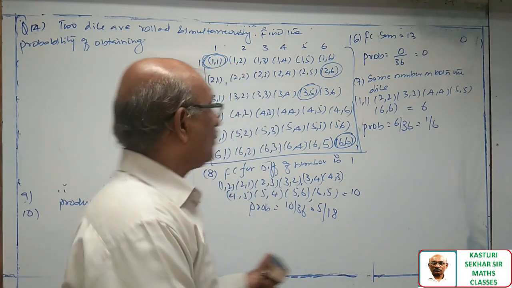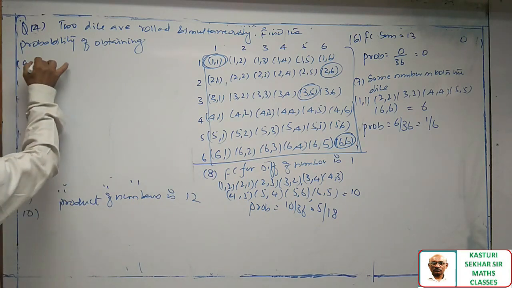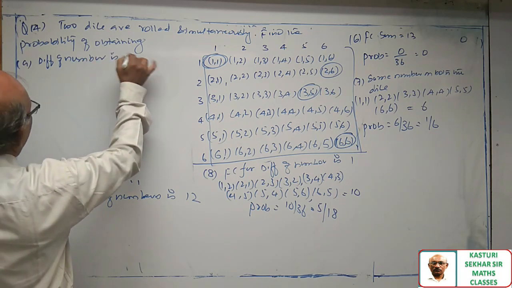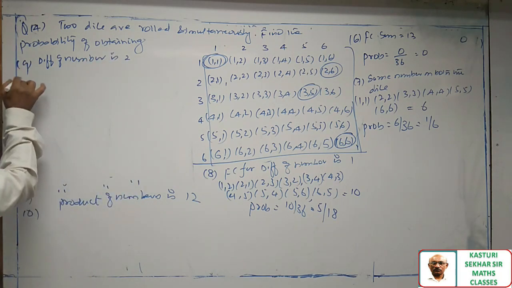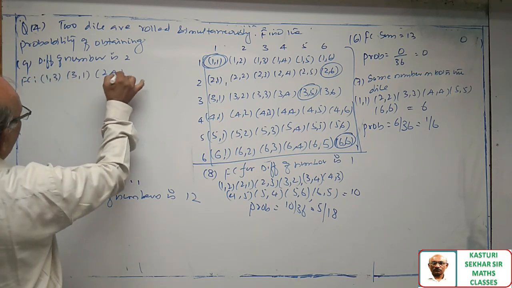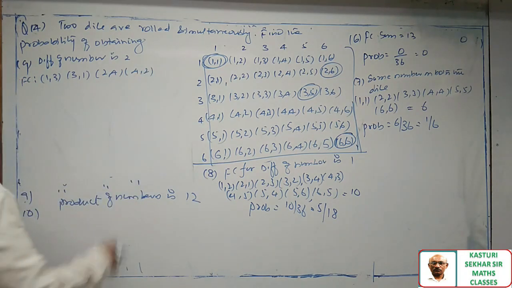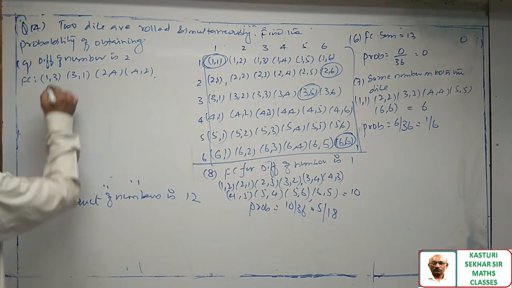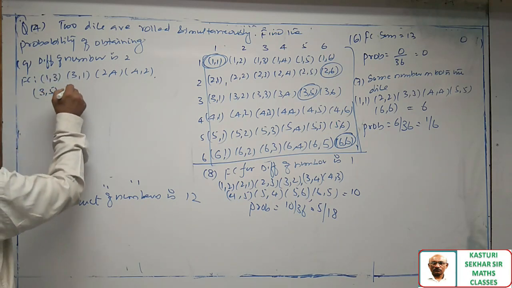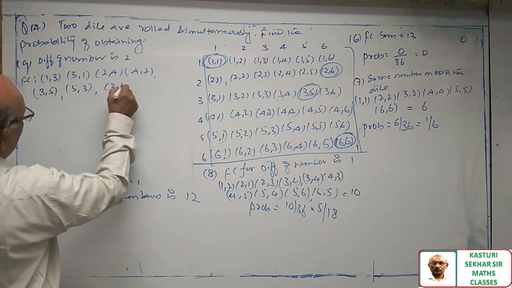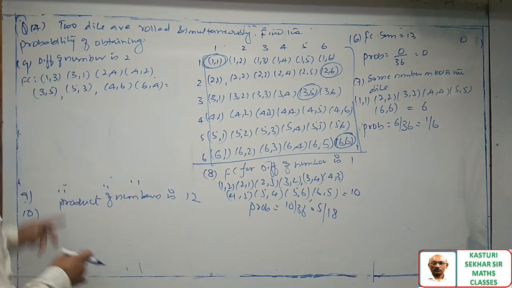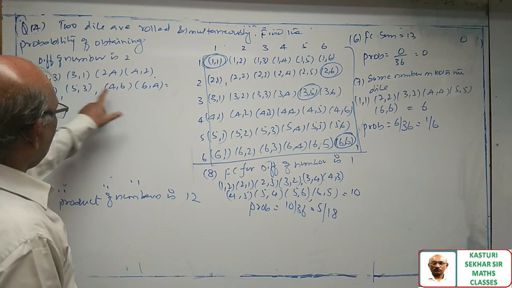Okay, sir. Look at the ninth question. Difference of numbers is 2. So we have to calculate the favorable cases. 1, 3, 3, 1, 2, 4, 4, 2, 3, 5, 5, 3, 2, 6, 4, 6, 6, 4. 1, 2, 3, 4, 5, 6, 7, 8 cases.